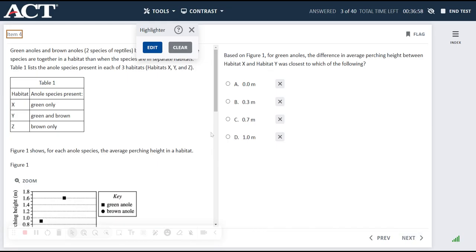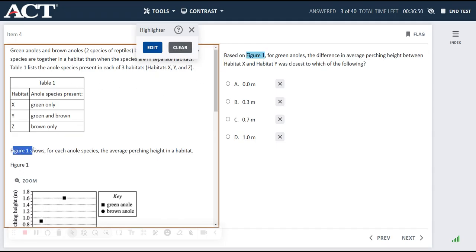Number 4, based on figure 1. So figure 1 is going to be here. Let's highlight the whole thing. For green anoles, that's the square.